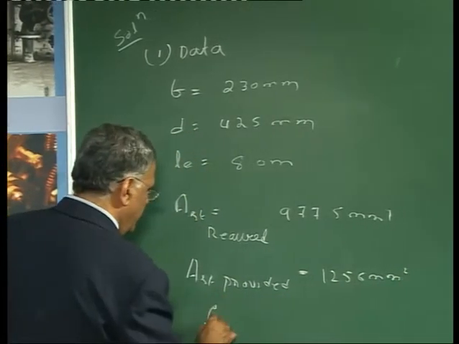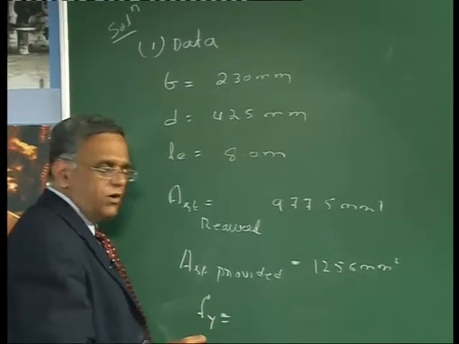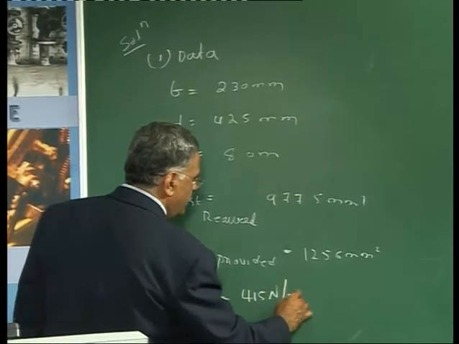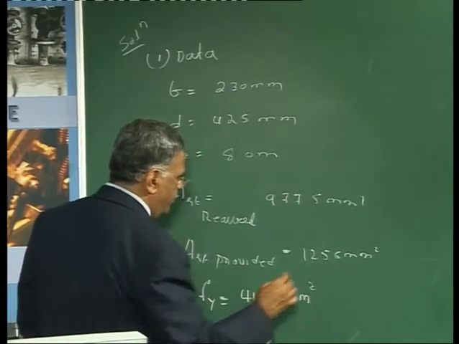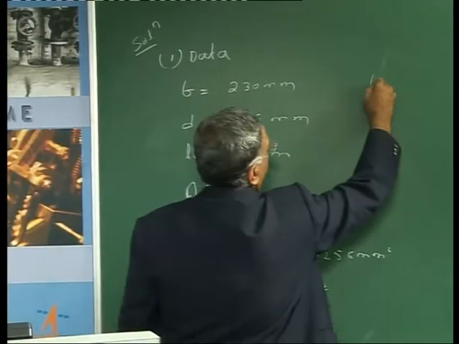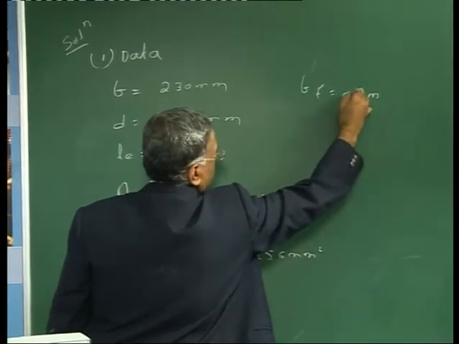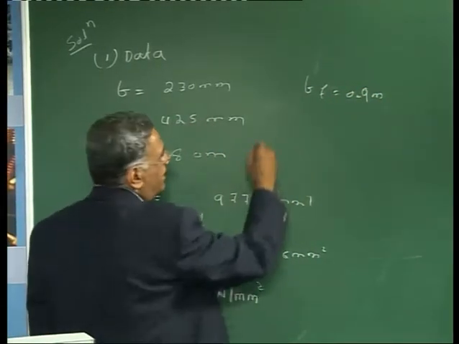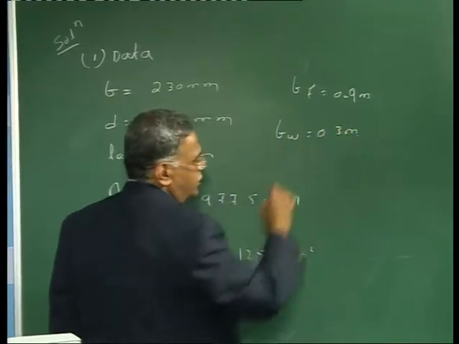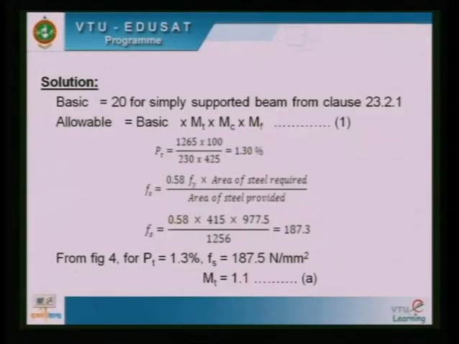The moment I say type of steel, you can just note down the value of Fy, which is equal to 415 newtons per mm square. Flange width BF equal to 0.9 meters, then the web width BW equal to 0.3 meters. So this is the data given, and now let us go to the next step.